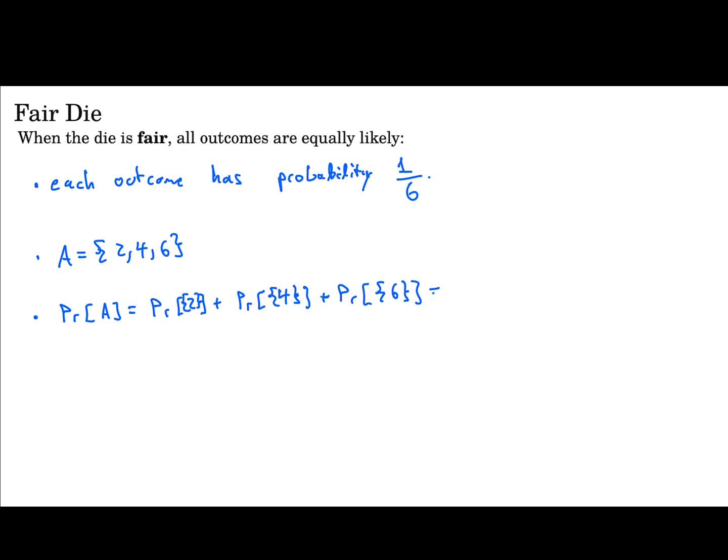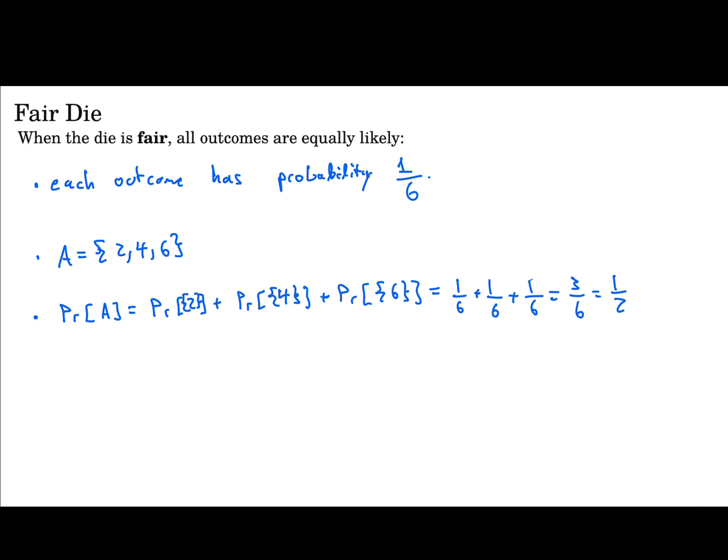Since each one of these is 1 over 6, we get 1 over 6 plus 1 over 6 plus 1 over 6, which is just 3 over 6, which is half. So in this particular case of a fair die, the probability that you get an even number is half.